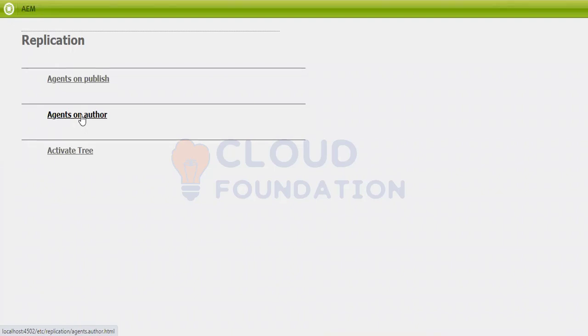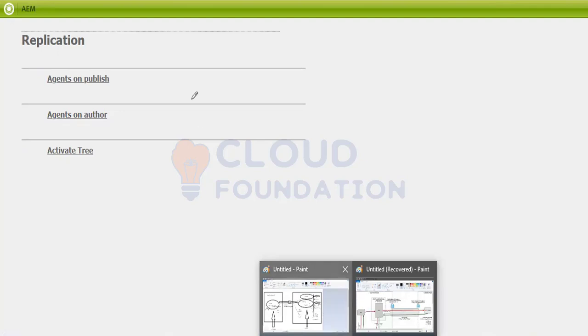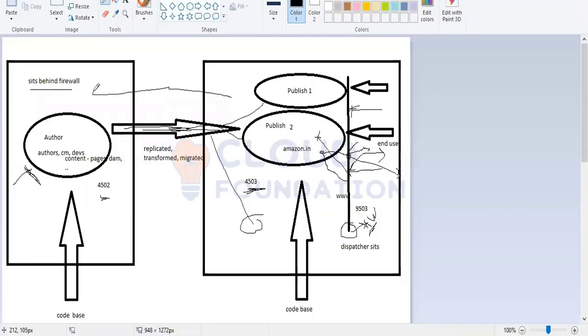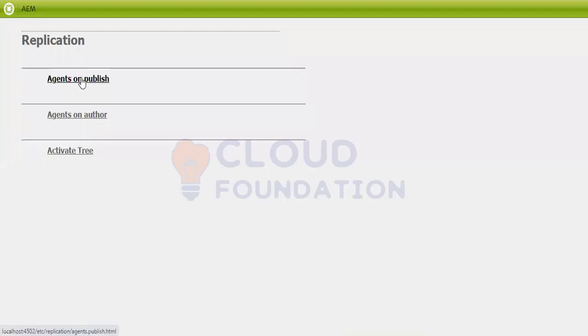In case you have, maybe, a blogging website where the content from publisher has to be transferred to author, that means reverse replication, RR. In that case, the agent will sit on our publisher instances. In that case, the agents will be configured over here, agents on publish.